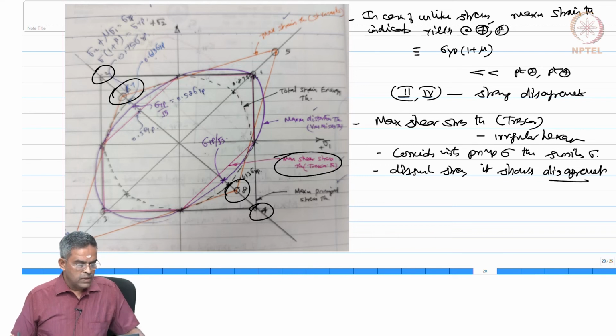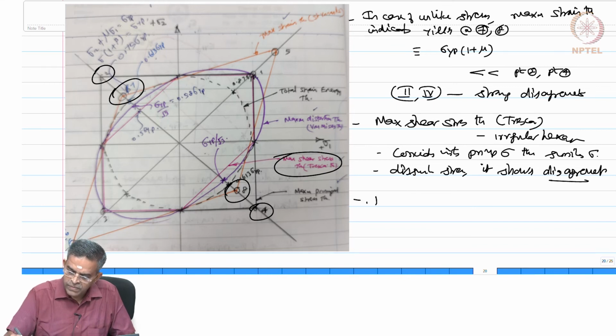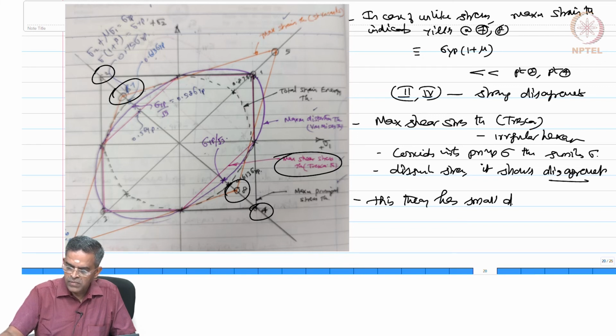Okay. Maximum shear stress theory has only a very small deviation with maximum distortion theory.